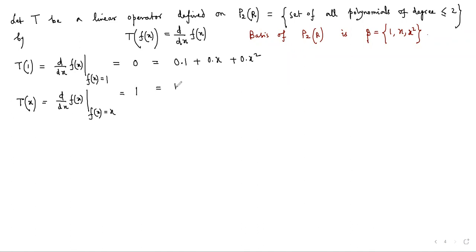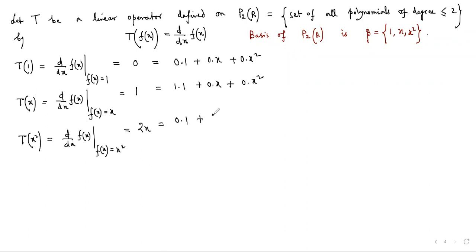That means 1 into 1 plus 0 into x plus 0 into x square. T(x square) means d/dx of f(x) when f(x) is x square, which is twice x: 0 into 1 plus 2 into x plus 0 into x square.